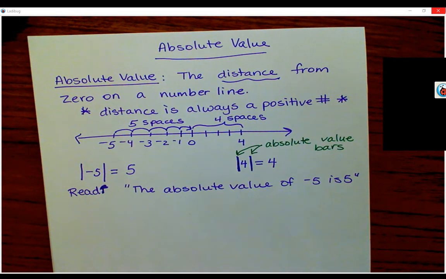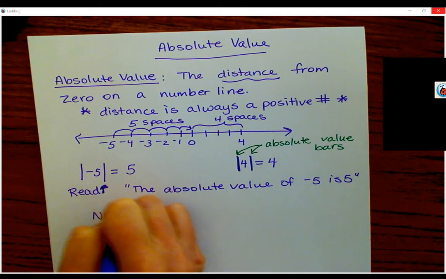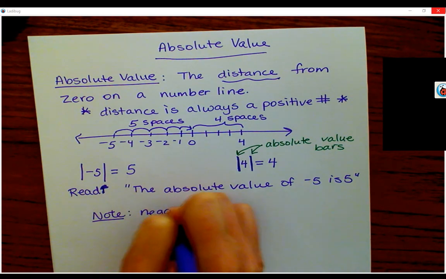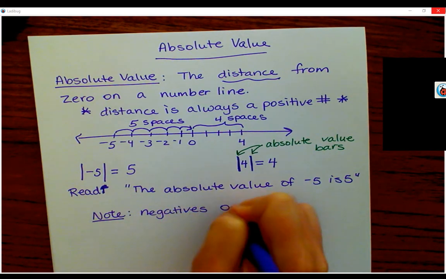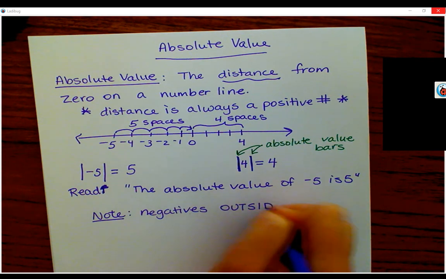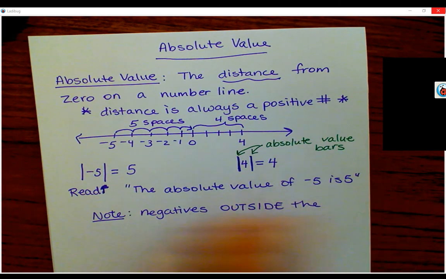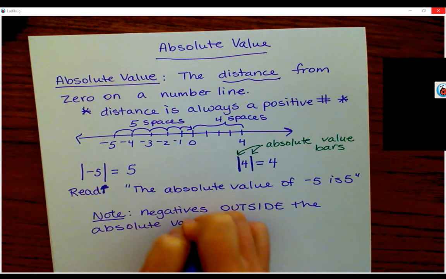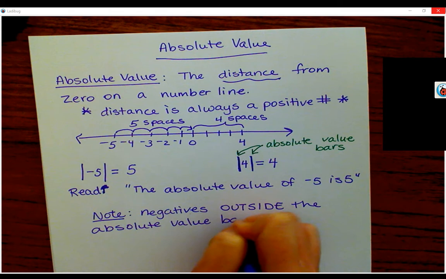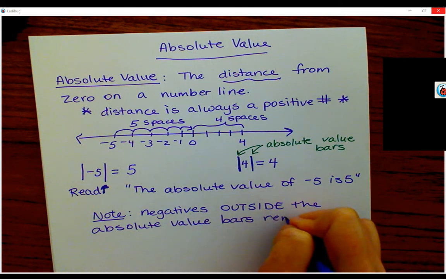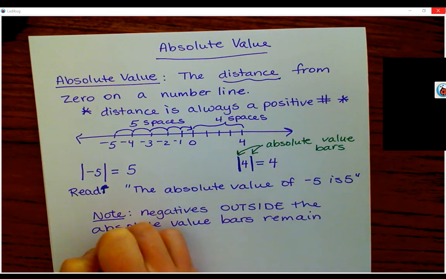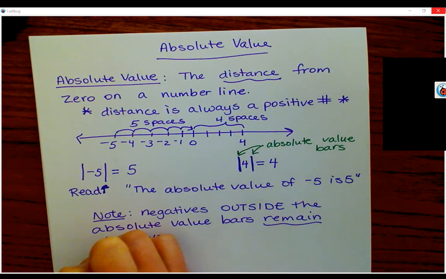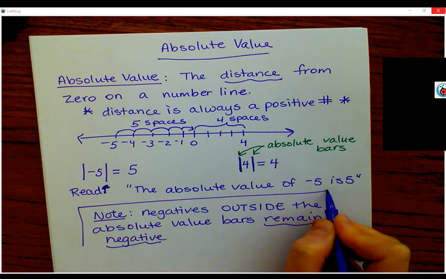Okay, so quick note, negative signs outside the absolute value bars will remain negative. Okay, so let's keep that in mind.